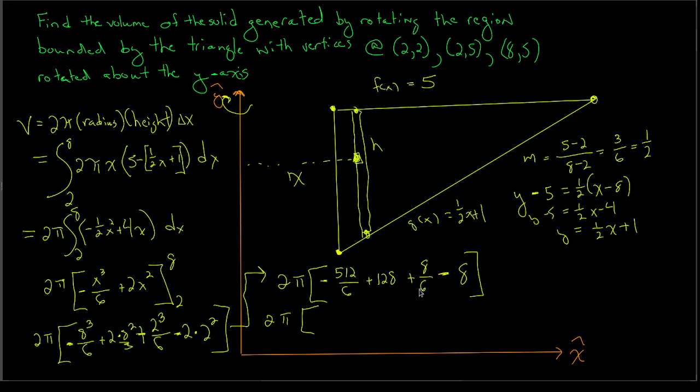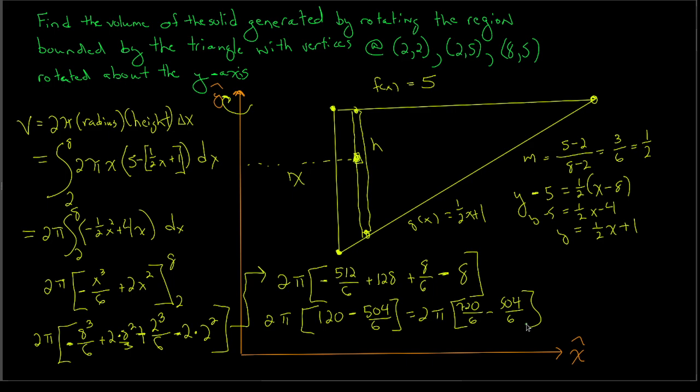And let's see, I'm going to add 8 to this, and so I'm going to have 120 over here, minus 504 sixths. And I'll make this 6, so that's 720 sixths minus 504 sixths.